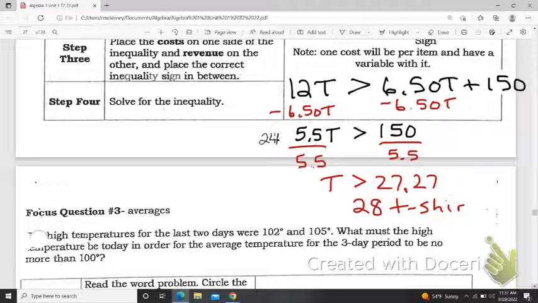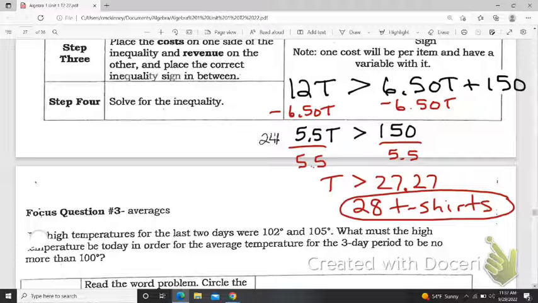So we cannot think about traditional rounding and say, but it's only 27.2, I should round down. No, if they only sell 27 shirts, they will have lost a little bit of money. So I have to go greater. And even if that had divided pretty and it said t is greater than 27, that would really mean that's the break even, and we would need to bump it up to 28 for them to actually make money.